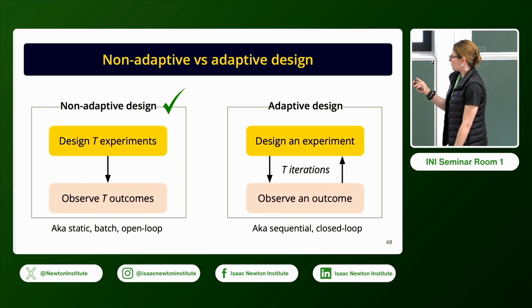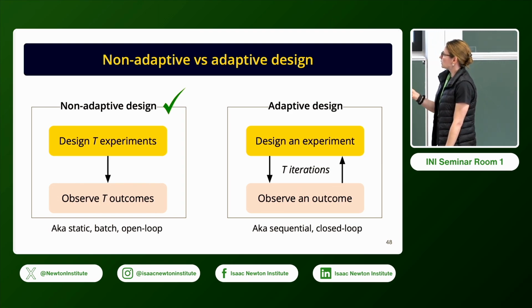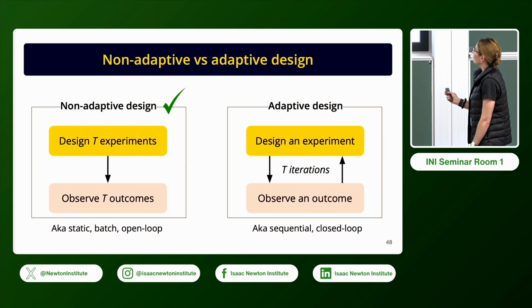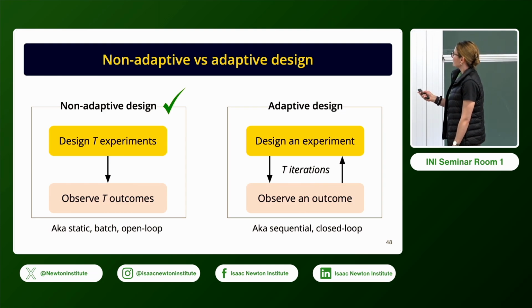So I'm referring to this as non-adaptive design, but you may see it as static, batch, or open loop design as well. On the other hand, we have adaptive design, in which case you design an experiment, observe an outcome, and then do some updating, and take into account the information that you learned from the design and the outcome when you are designing the next experiment.